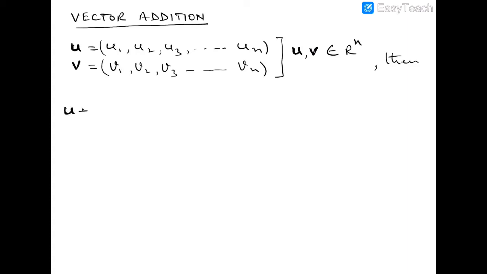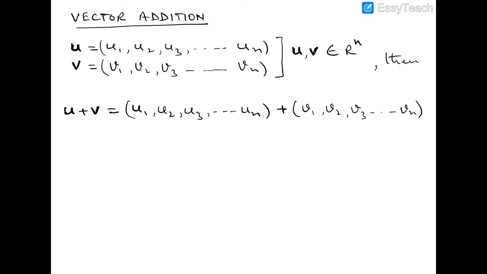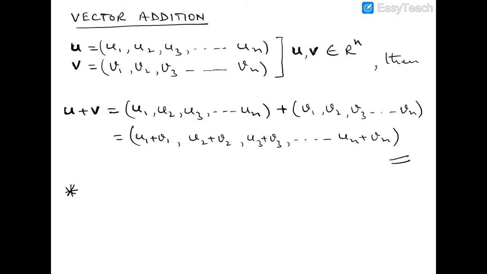Then U plus V will be (U1, U2, U3 up to Un) plus (V1, V2, V3 up to Vn). Now after adding corresponding elements, we will get U1 plus V1, U2 plus V2, U3 plus V3 up to Un plus Vn.